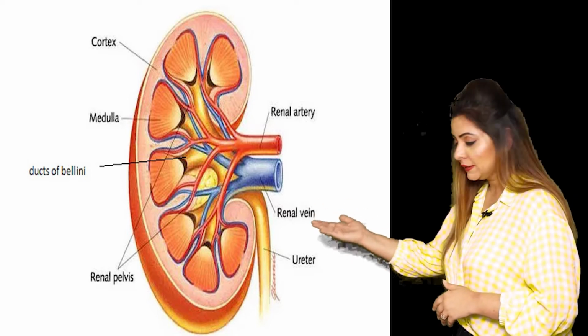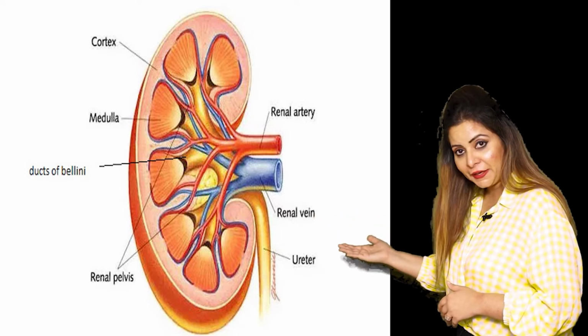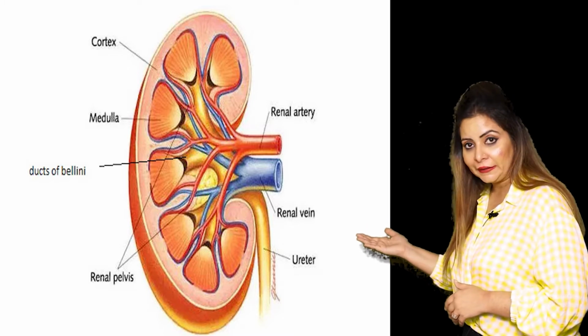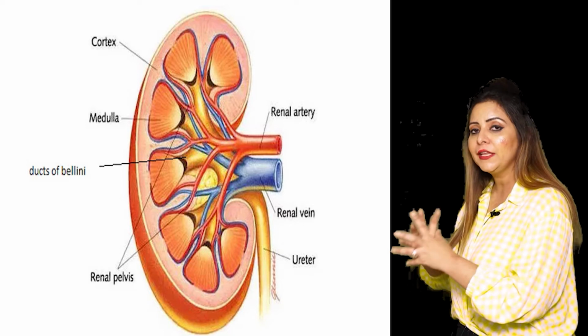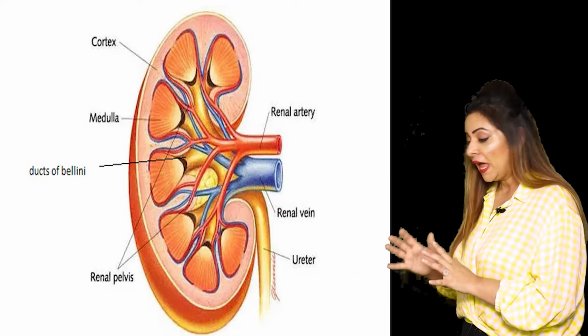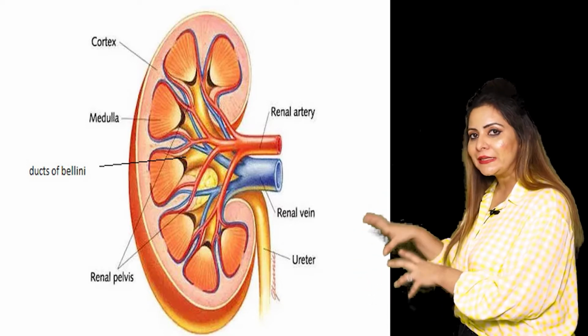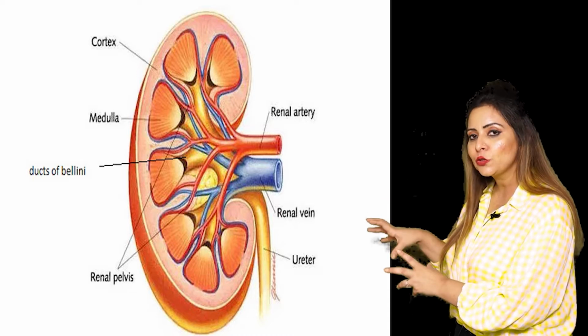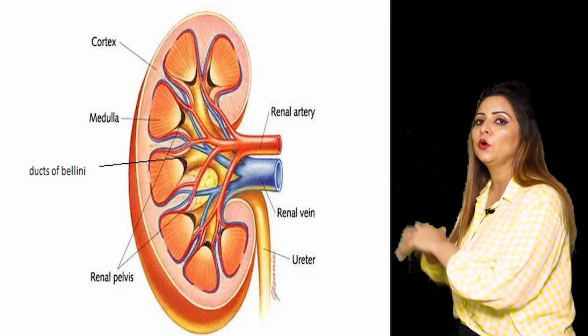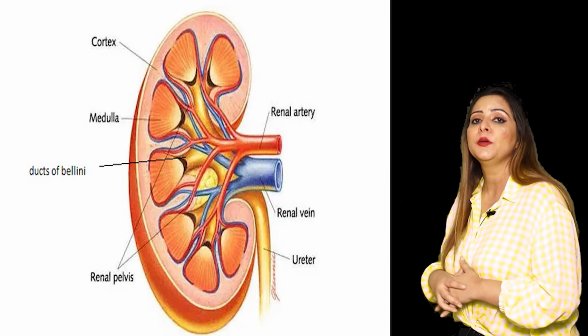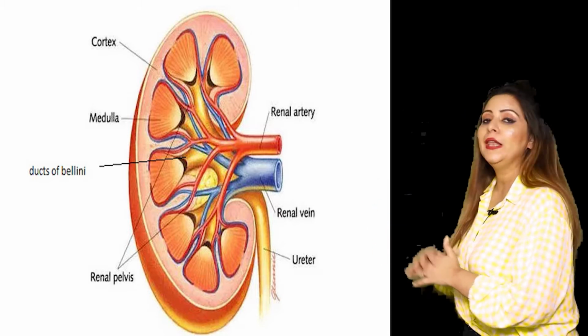We have cortex, we have medulla, we have renal pyramids, we have the ureter, we do have the ducts of Bellini, and hilum is the opening from where the ureter emerges out. And we do have the vessels which are concerned with it, that is the renal artery and the renal vein, which is bringing the deoxygenated blood and carrying out the oxygenated blood after the purification. So this is all about the kidney.